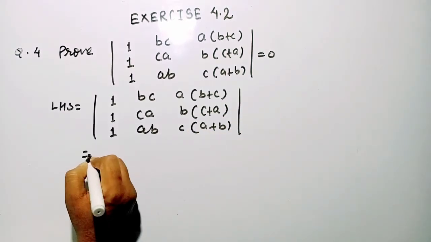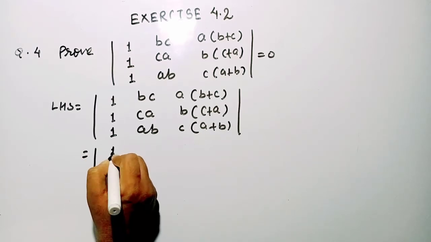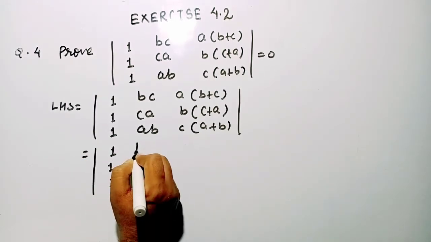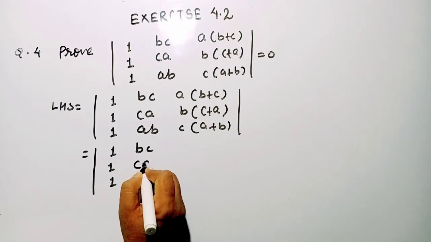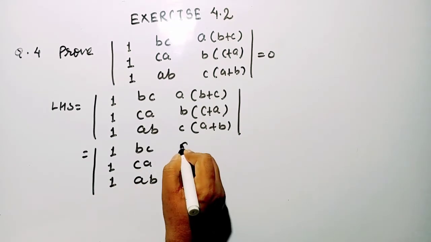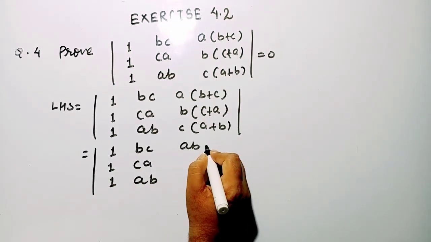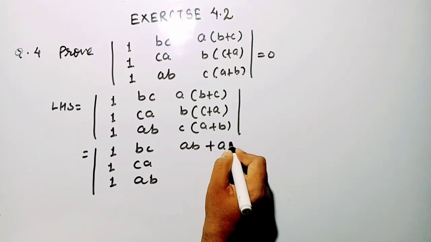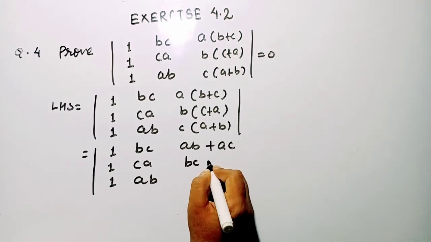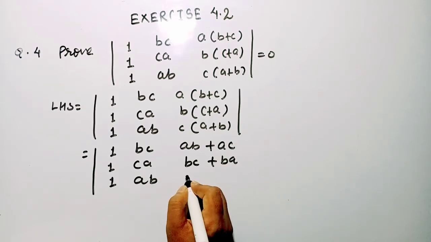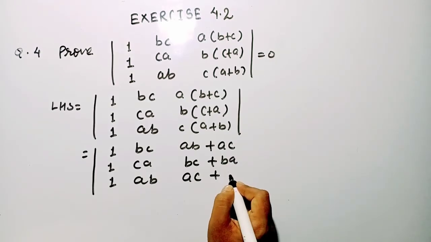So just expanding the third column, with 1, 1, 1, BC, CA, AB, we get AB plus AC, here BC plus AB, here AC plus BC.